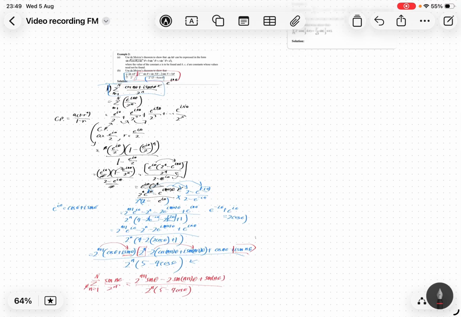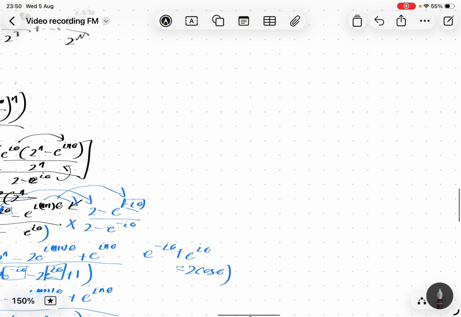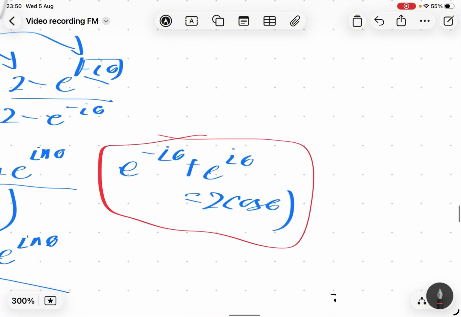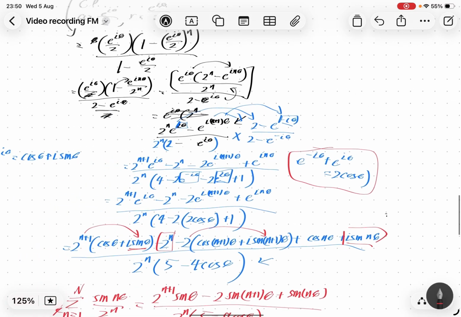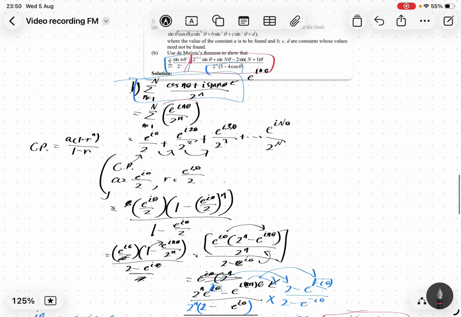Okay, that's how you do it. So basically you just need to know about something like this, like this equals to this, like the rules, so that you need to find just one sine.